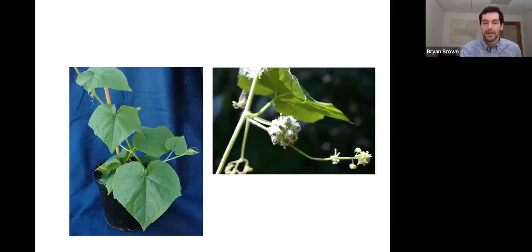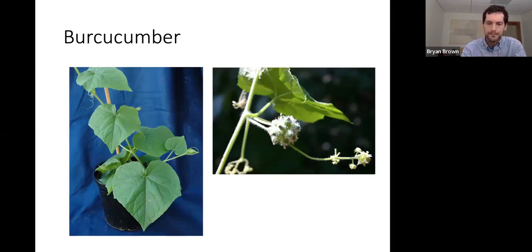Unlike this weed, which can really take over if given half a chance. This is a vining weed. This is Burcucumber. It looks a lot like a cucumber or a winter squash, except instead of a nice yellow flower, it has this small cluster that will eventually develop into a small, spiny little cucumber type fruit.